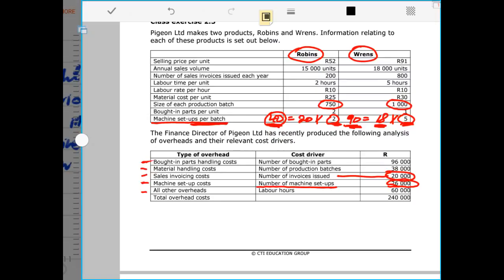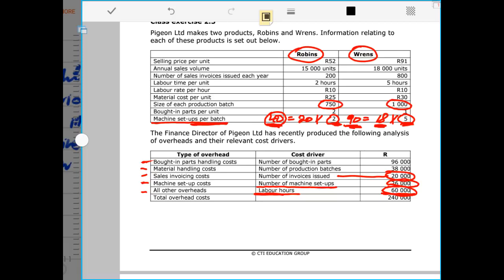The last one is other overheads. And under other overheads, now we have to use labor hours as the base. Remember, we have to use total labor hours because this is the total overhead of 60,000 rands.